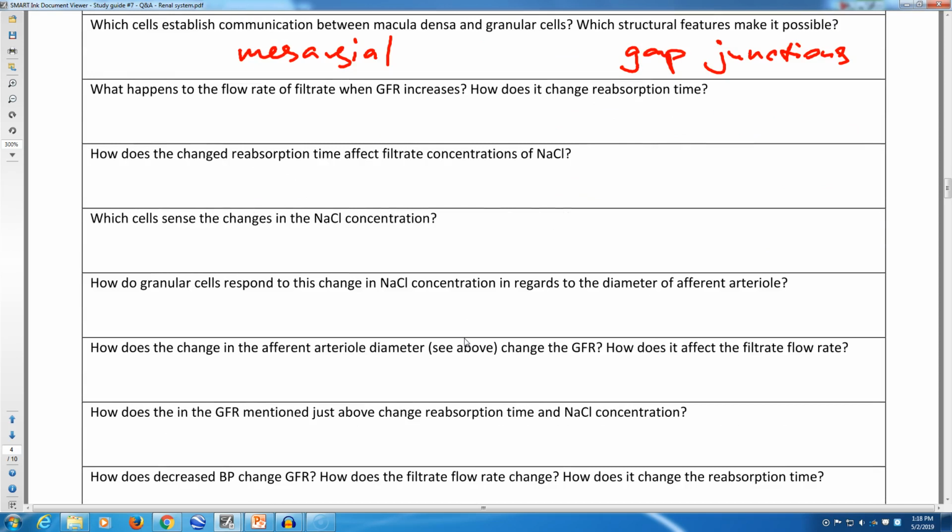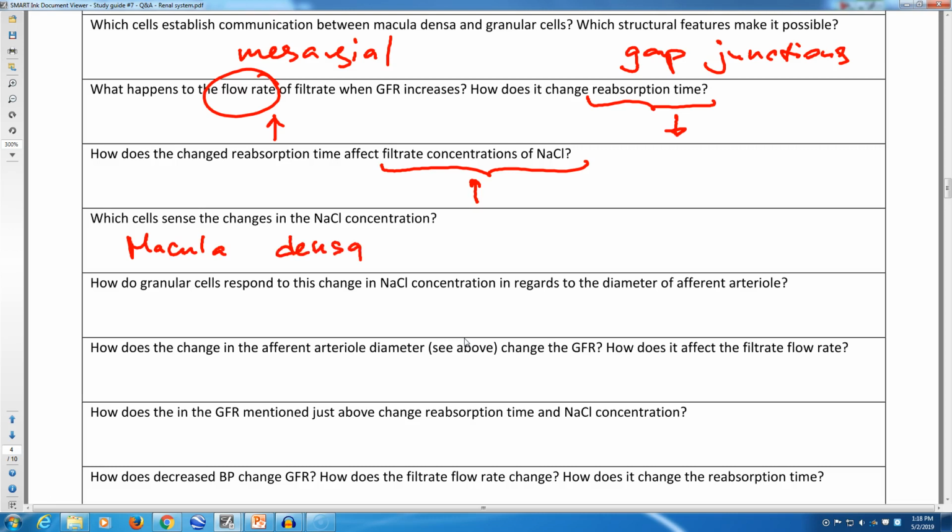So, GFR increases, flow rate increases, reabsorption time decreases, filtrate concentration of sodium chloride increases. Macula densa cells sense the changes in the concentration, communicate to granular cells, and the diameter of the afferent arteriole decreases.